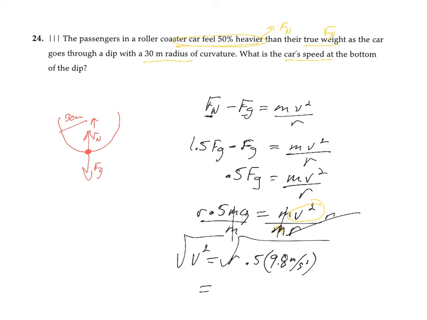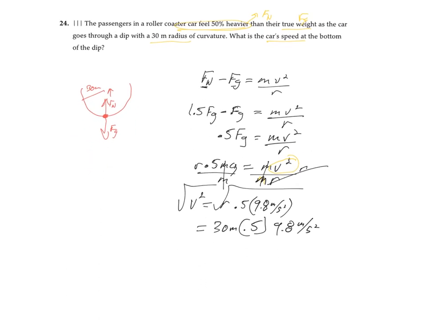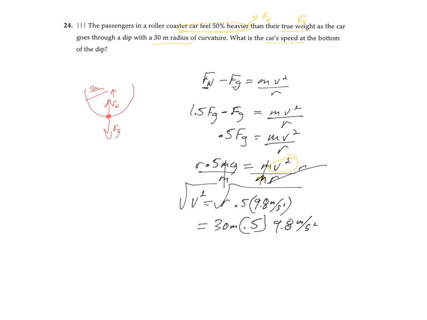The radius we decided was 30 meters times 0.5 times 9.8 meters per second squared. And I'm going to the handy dandy calculator. And I get v, remember you got to square root your answer of this. V equals about 12.1 meters per second.